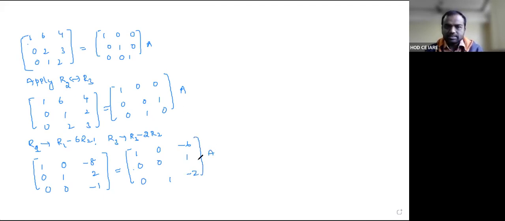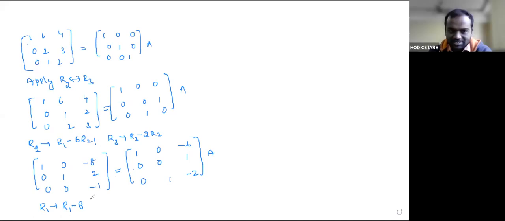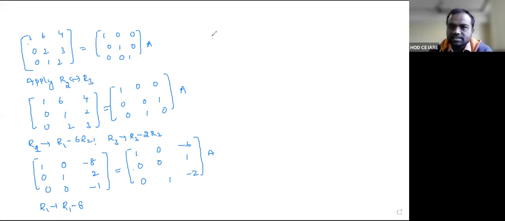Okay, and next is keeping the constant. Either multiply by minus common and do it later, or keep it as it is, keep the constant, then the elements above you can convert into zeros. Here apply R1 changes: R1 minus 8 R3.